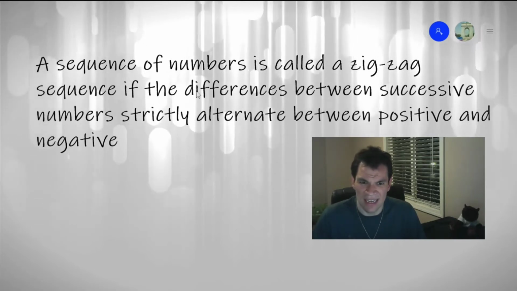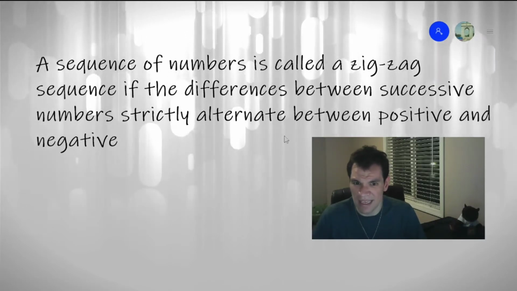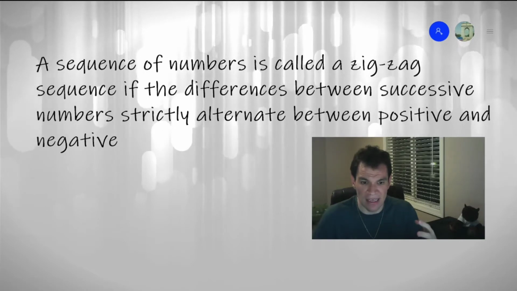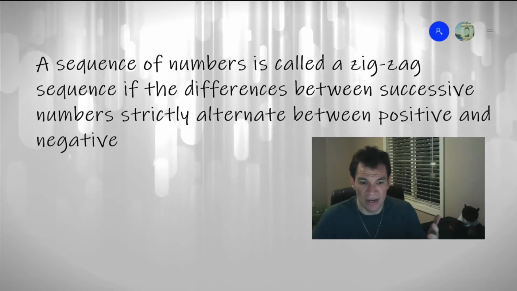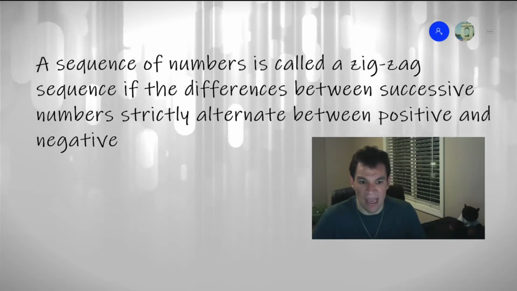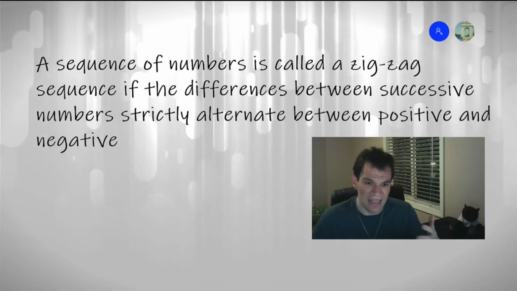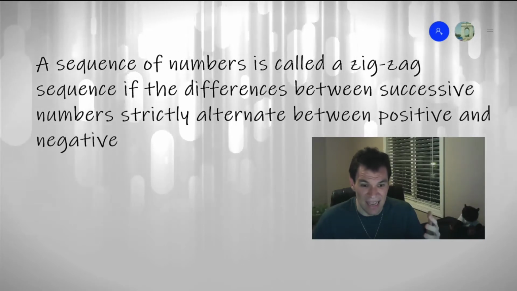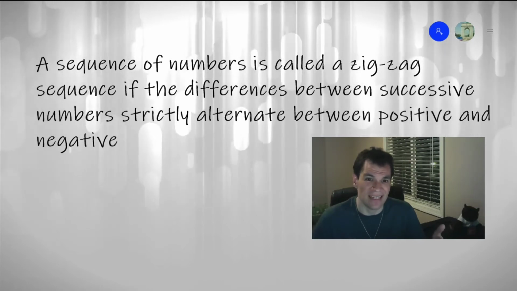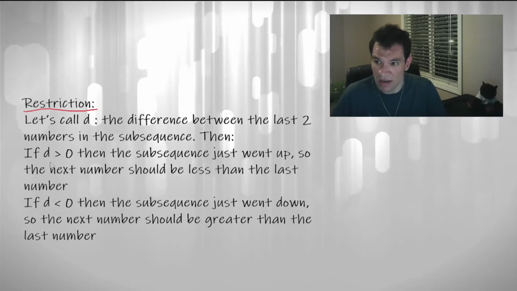After checking the definition again, it should be clear that if the sequence ended increasing, the next number should be smaller than the last one. And if the subsequence ended decreasing, then the next number should be greater than the last one. This can be rephrased in the following way.